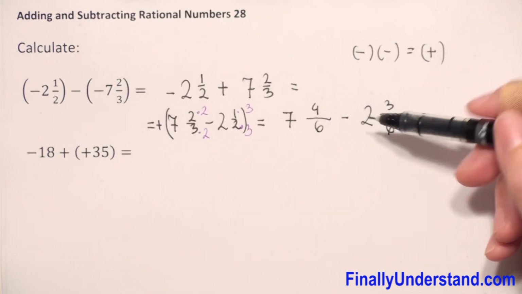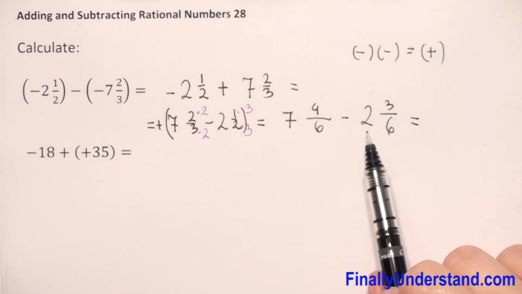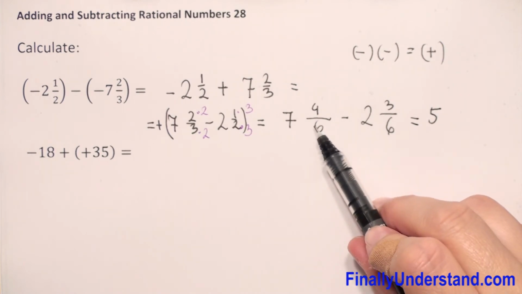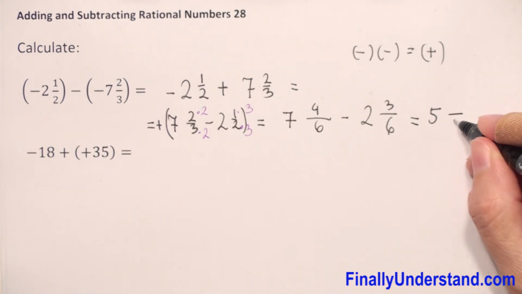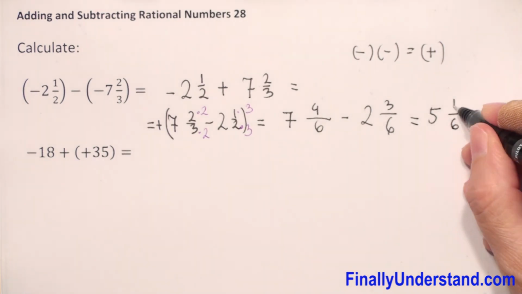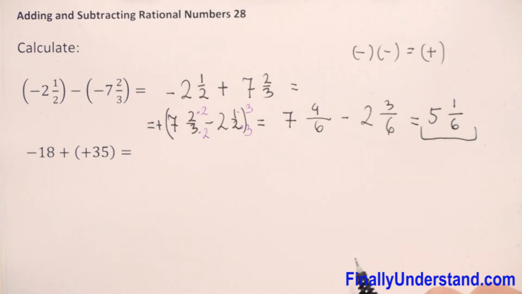Subtraction of mixed numbers we have. So 7 minus 2, we can subtract, is 5. And now we subtract the fractions. We have the same denominator, so we copy the denominator and we subtract numerators. 4 minus 3 is 1. So we got that this is 5 and 1/6.